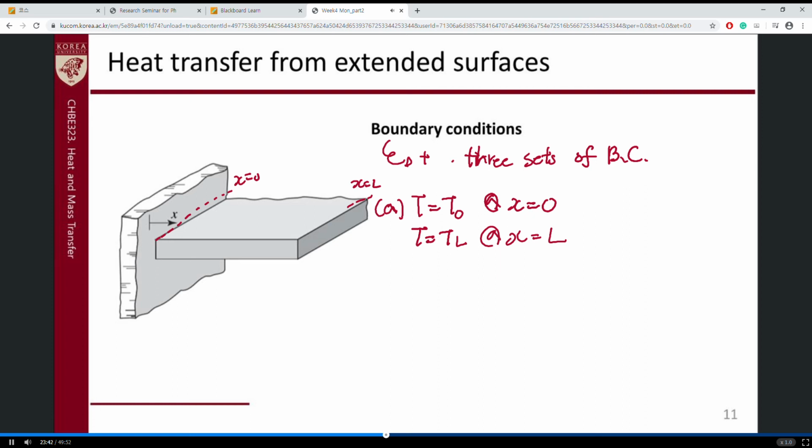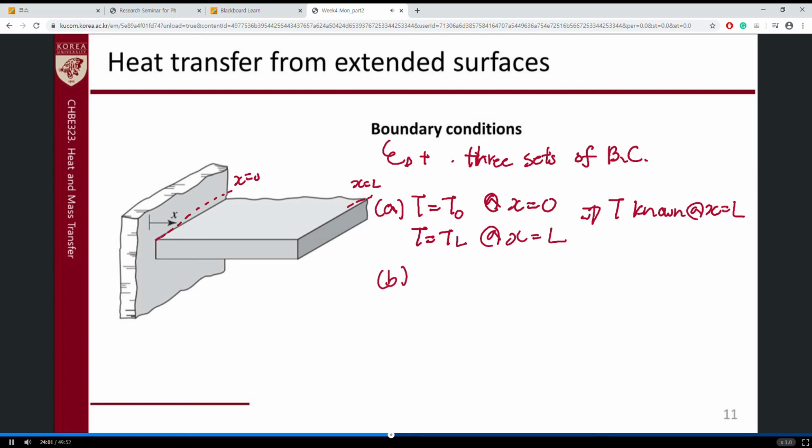We can make these boundary conditions when there is a temperature known at x equals L, right? Okay.